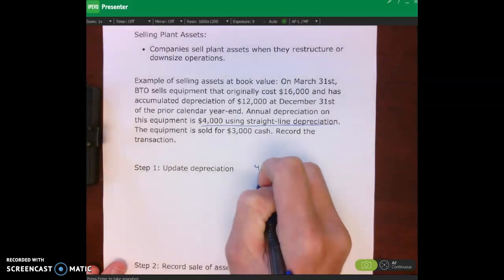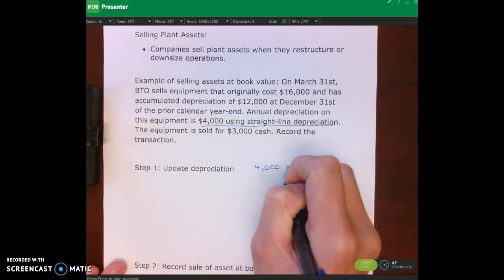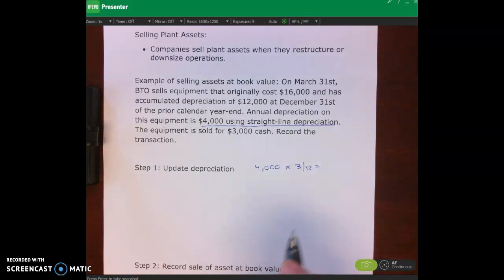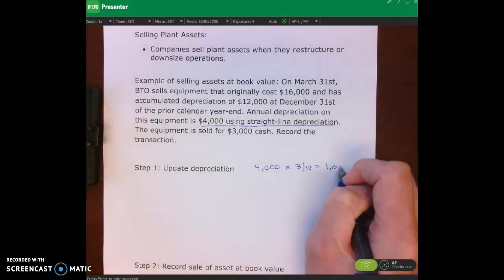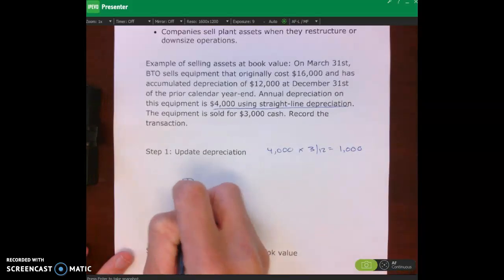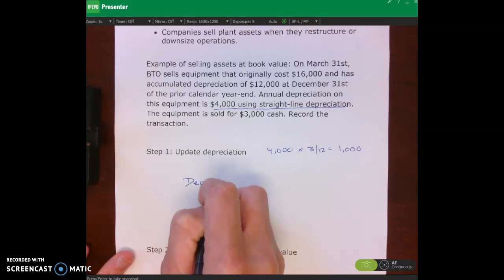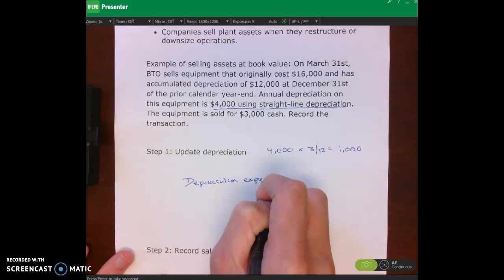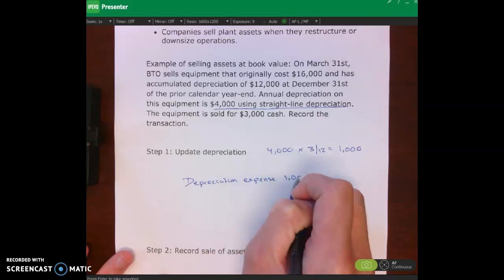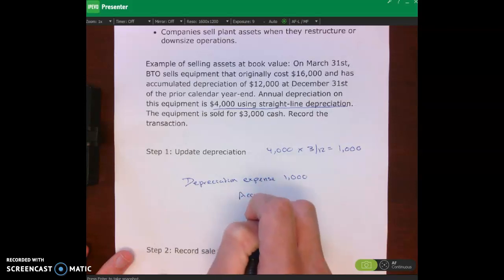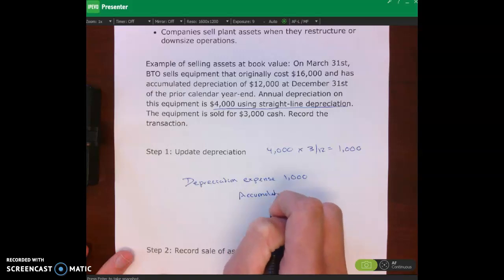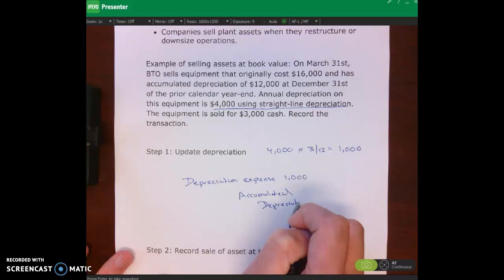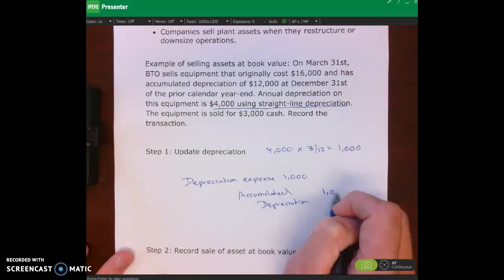So I can come over here and multiply my annual times 3/12, which is going to give us our $1,000. So I will come over here and debit depreciation expense 1,000 and credit accumulated depreciation $1,000.